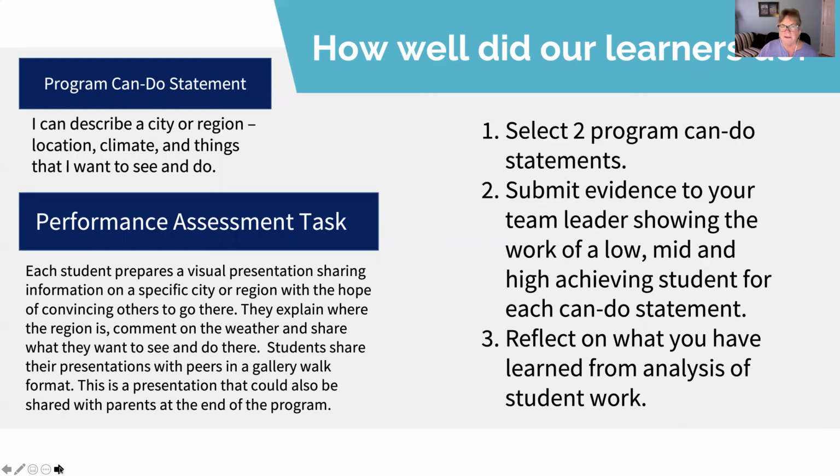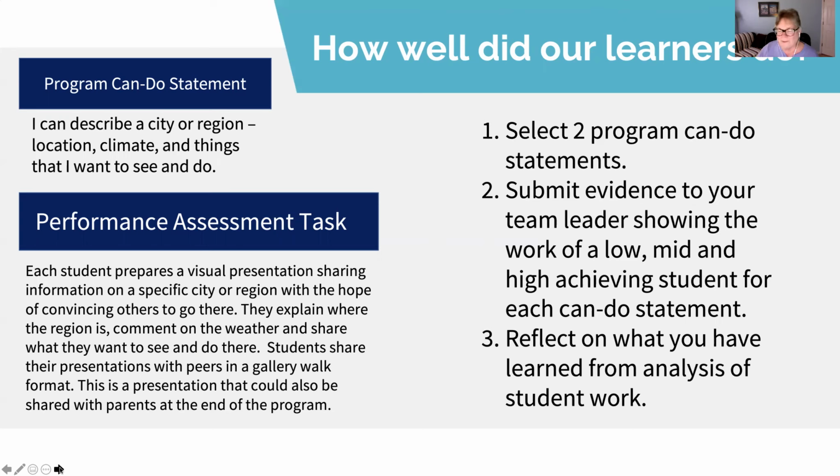And so for the first time this year, we are asking programs to select 2 of their program can-do statements. So it might be 1 interpersonal, 1 presentational, or 2 interpersonal. The choice is up to you. You will submit evidence to your team leader that shows the work of students, and you'll select evidence at the low, the mid, and the high level of performance.